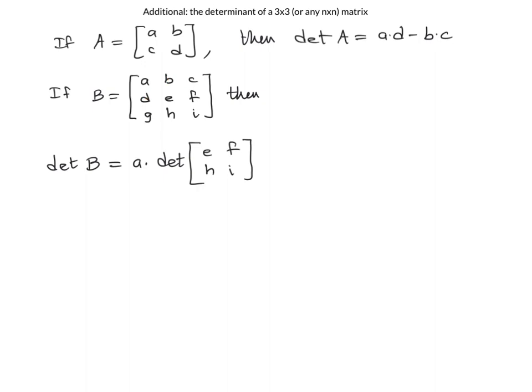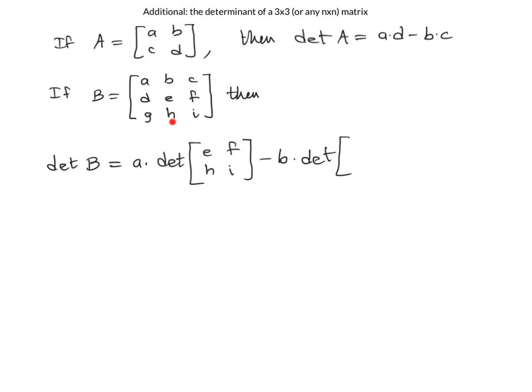Now I do minus, just like I did over here, minus. Now I go over to the next term in this top row, which is a B. So I do B times, and again I create another determinant. Now, to figure out what matrix I need for that determinant, here's B. These numbers are in the same row, throw them out.